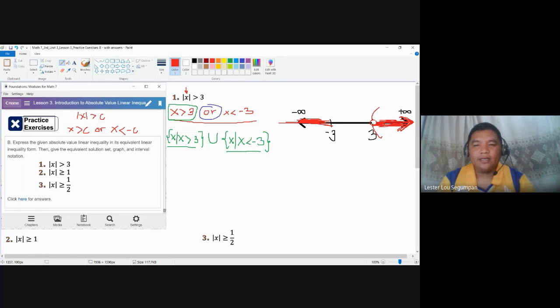And then again, since it extends towards infinity, we stay open. Since negative 3 is not a part here, we use an open circle. And then we finish this by parentheses.